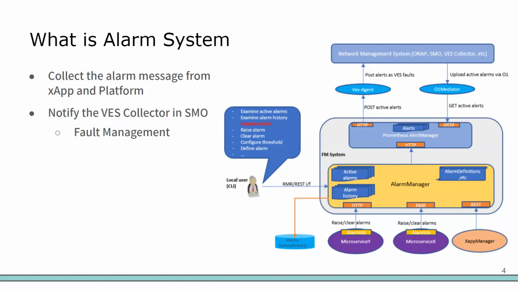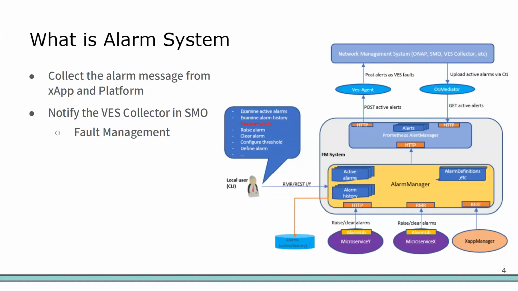Let me explain this. As you can see, the top is the network management system. This block is SMO, and the connection between the FM system and the network management system is the O1 interface. Actually, the VS agent and O1 mediator are in the NRT platform.